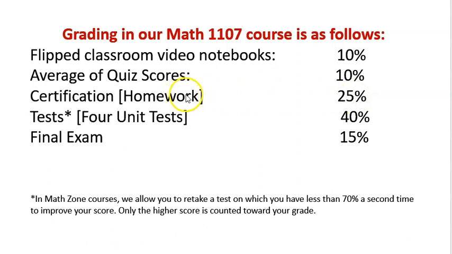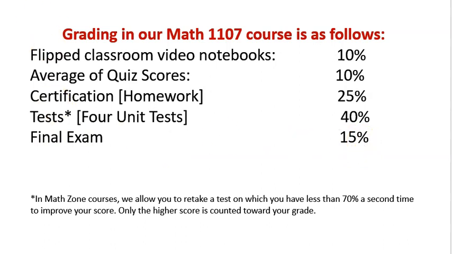Again, the motivation is there's a penalty if you get it done beyond the due date. So you need to be attentive to this and get that full credit. Then we have 4 tests. And the good deal about these tests is if you don't do well on the first shot at it, I will let you get a second shot. And the final exam is 25%.